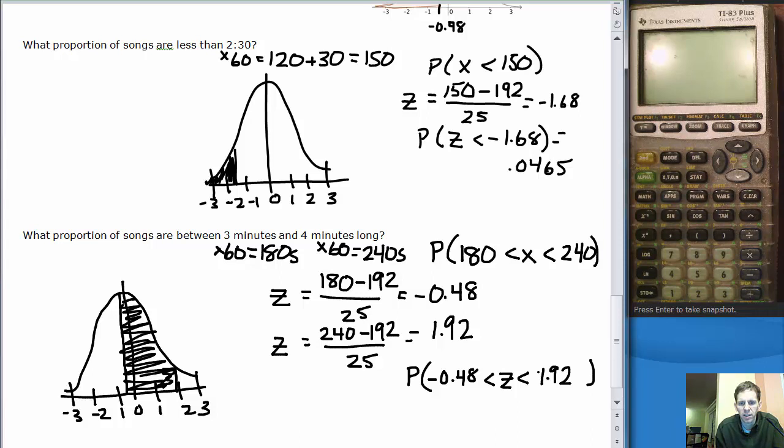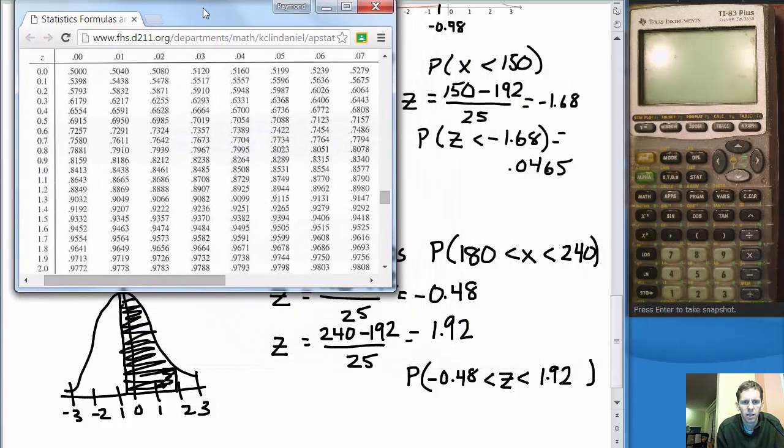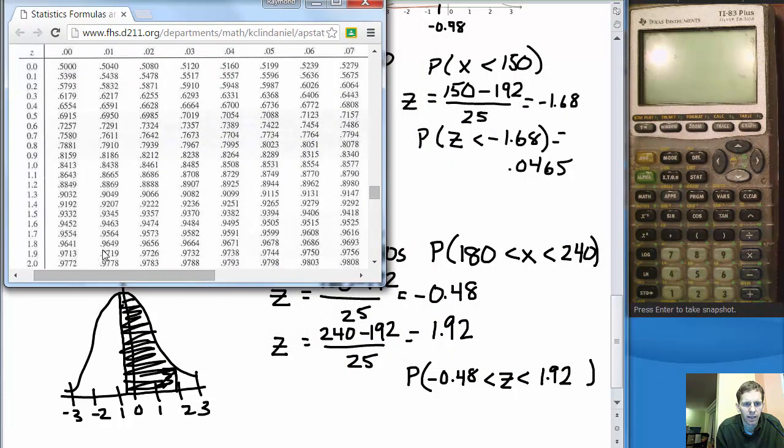To find this type of probability, you may recall we look up each of these probabilities on your table and we subtract them. So I'm going to look up 1.92 on the tables, and the value that corresponds with 1.92 is 0.9726.